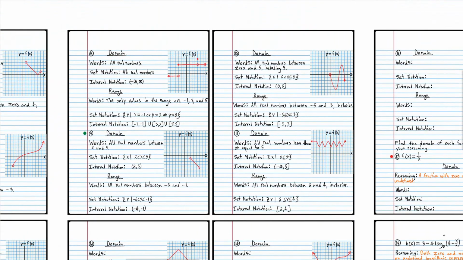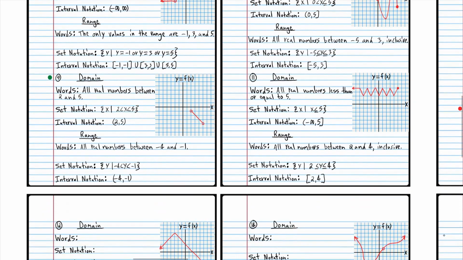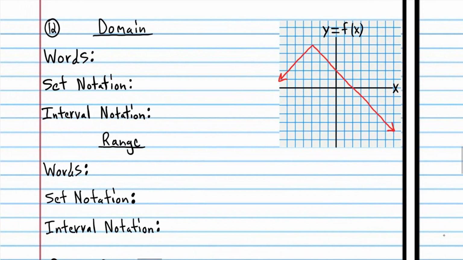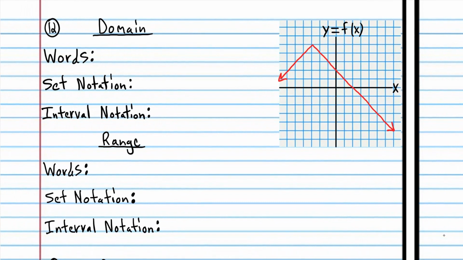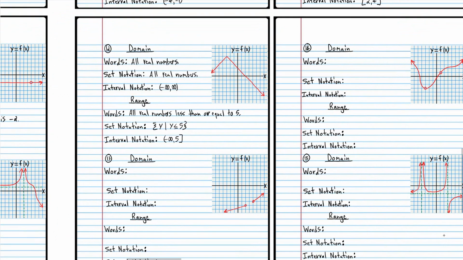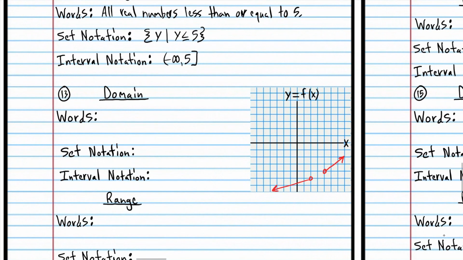Okay, so I want you to take a picture of these problems here to help you with number 12. Go ahead and try number 12, and when you come back, we'll do it together. All right, we're back. So if you got that right, good. Go ahead and try number 13. And when you come back, we'll do it together. All right, we're back.